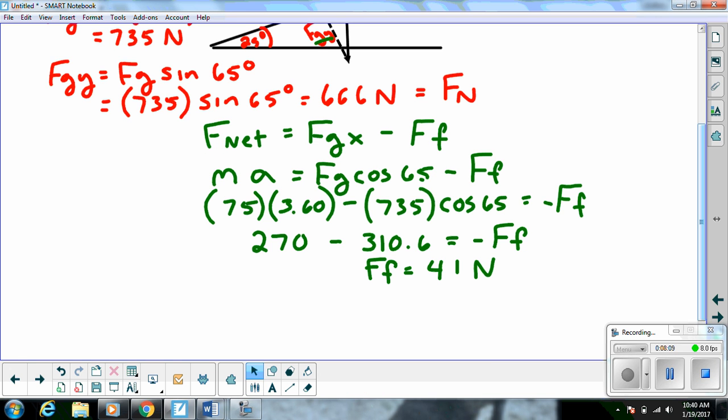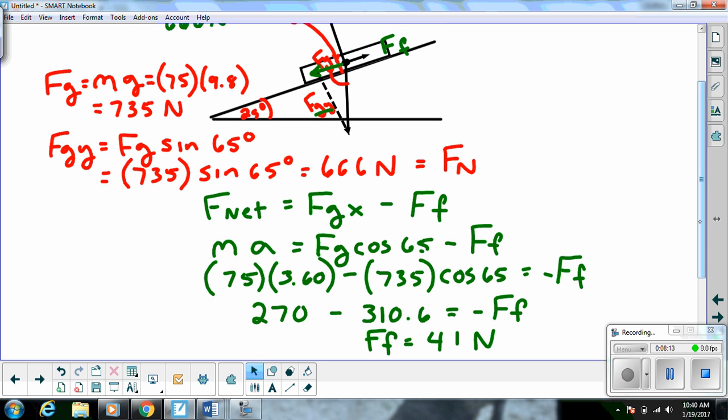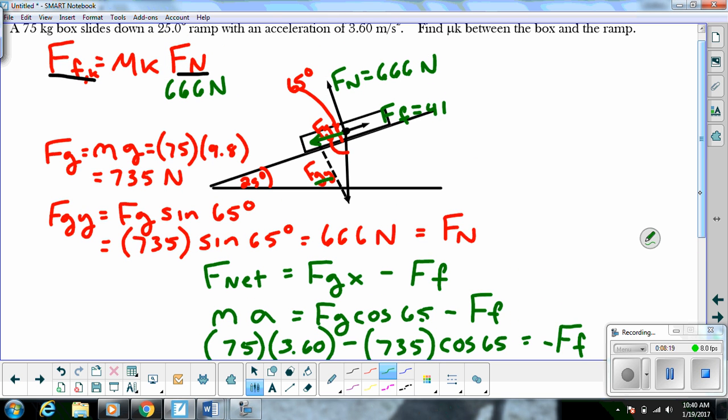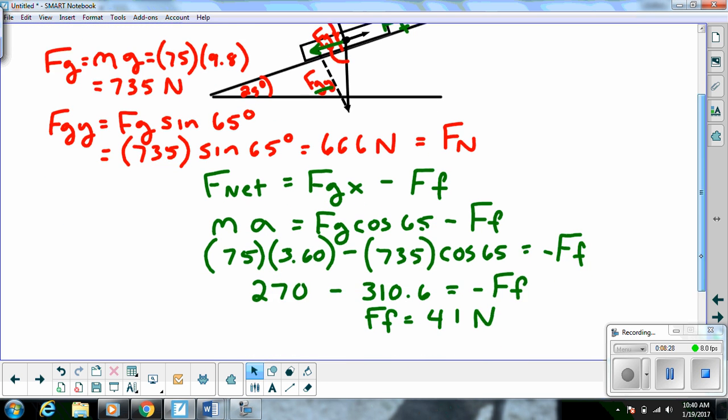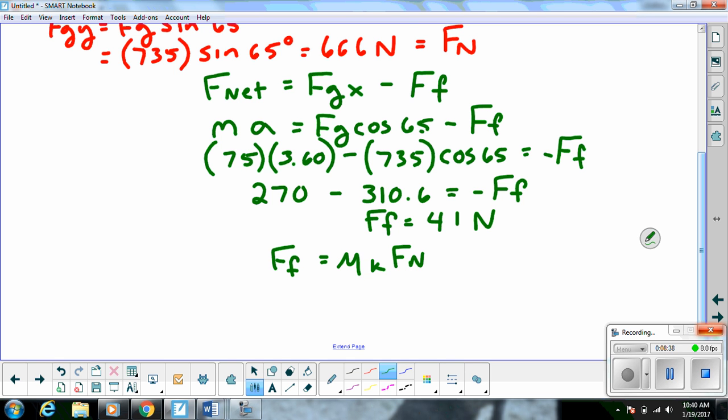So that's the last piece of the puzzle that I need in order to get the coefficient of friction. There's my 41 newtons here, and that is the 41 newtons that is in the friction equation from the very beginning. Last step. Yay! So frictional force is equal to coefficient of kinetic friction times the normal force.